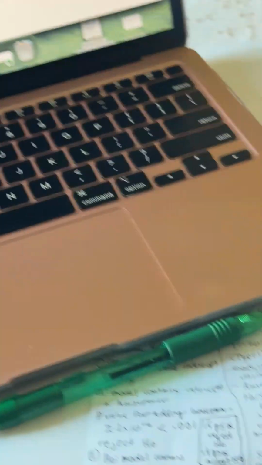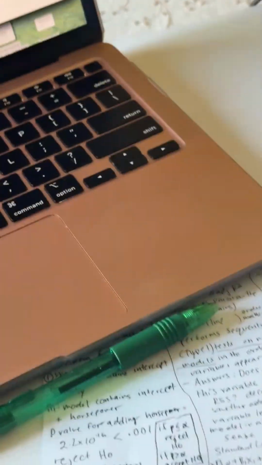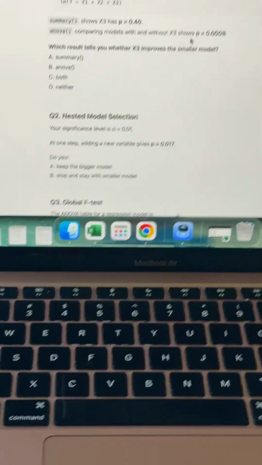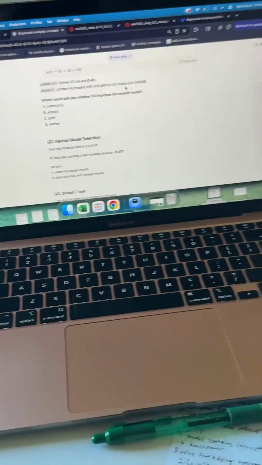Oh no. Sorry, this tripod is ruining my phone. It's not normally this chaotic, by the way. Just to put that out there. I'm usually studying without distractions, but you know, gotta give my cat some time. But anyways, let's get back to this.